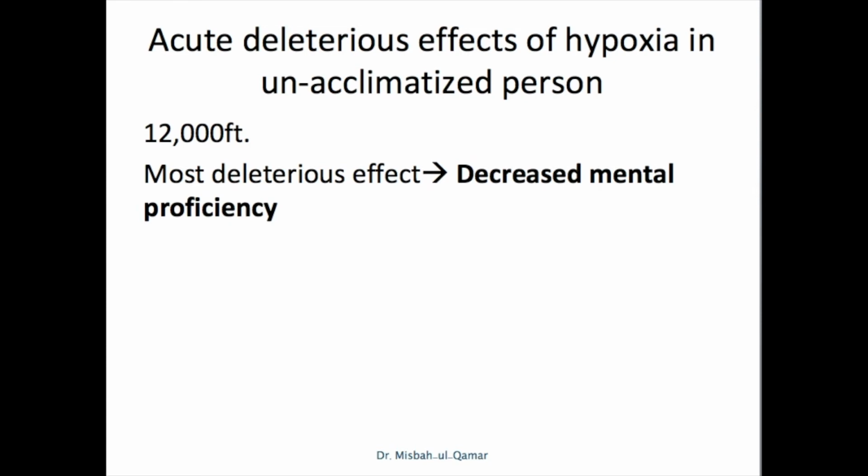Keep in mind that when the person is breathing air, these effects start appearing at an altitude of 12,000 feet. The effects progress to twitchings and seizures above 18,000 feet and coma at 23,000 feet, followed shortly by death.